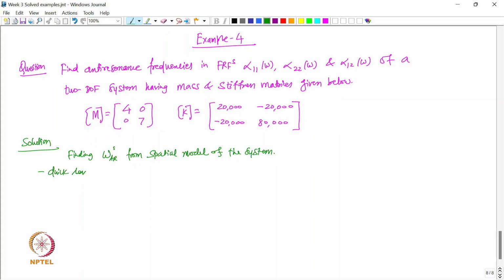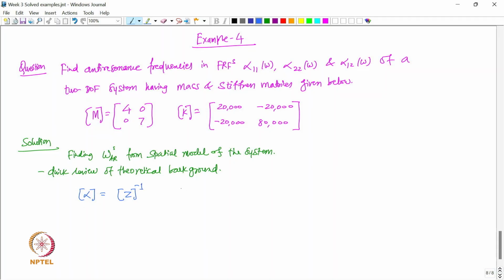Quick review of theoretical background, right. So, if you recall, we know that the FRF matrix alpha is the inverse of the dynamic stiffness matrix, correct.